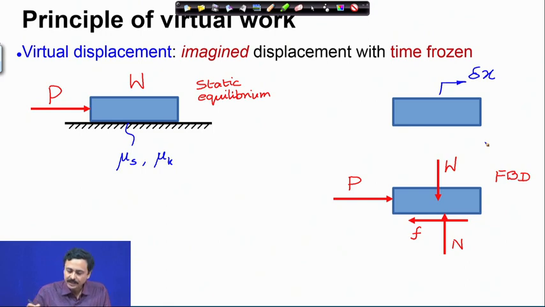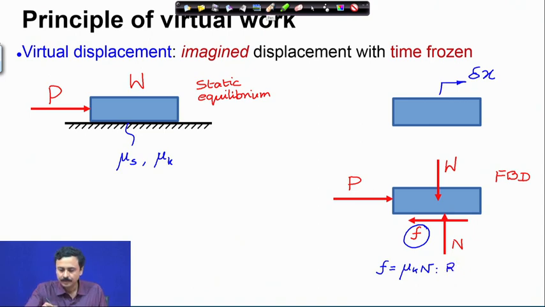In a real displacement, if I give a real displacement to this block, the friction force F will immediately go to the value mu k times N.